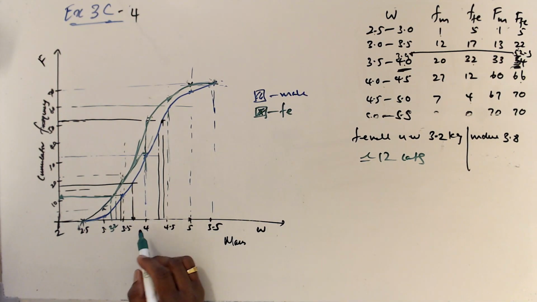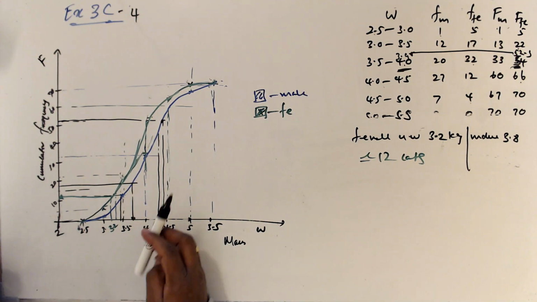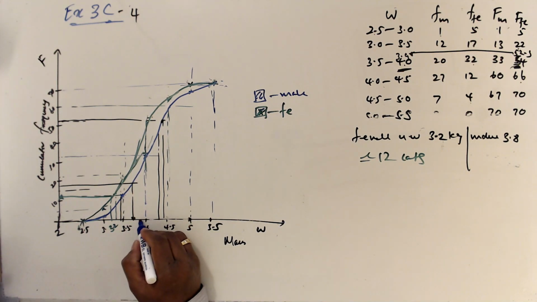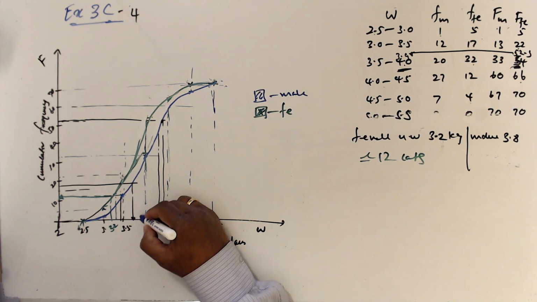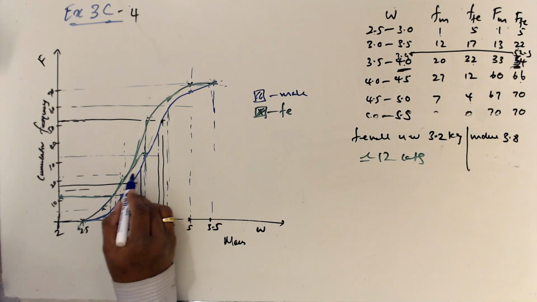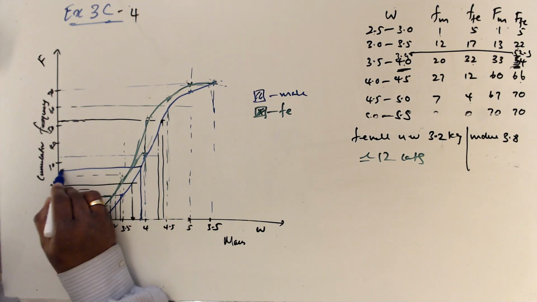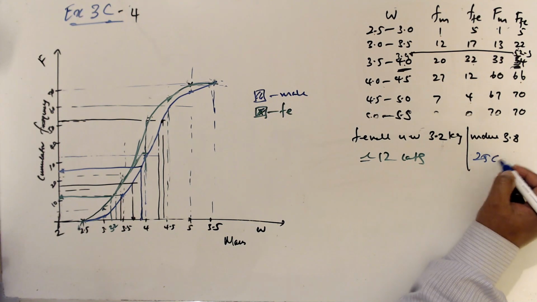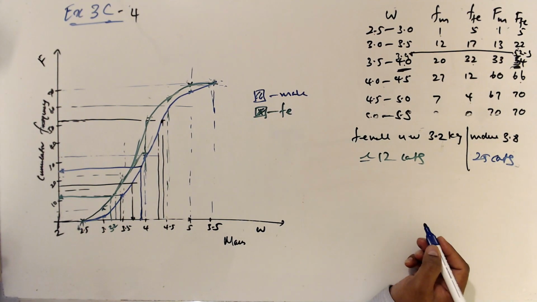Male 3.8, somewhere here, 3.8. So it's going to be around 25 cats.